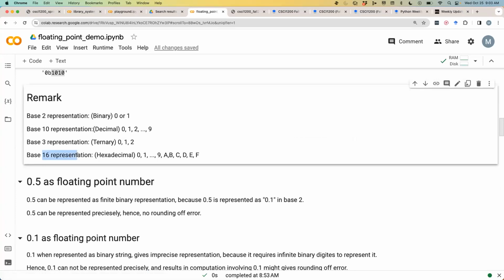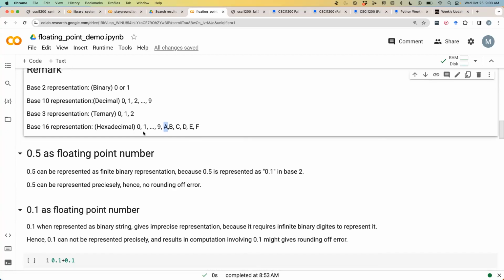But when we, for example, want to shorten the string, we can also use base 16 representations. So in this case, 1010 is represented as A. So it's just one character instead of 4 digits. Okay, this is quite often used in IP addresses and in color encoding in HTML documents as well. So just for your information.